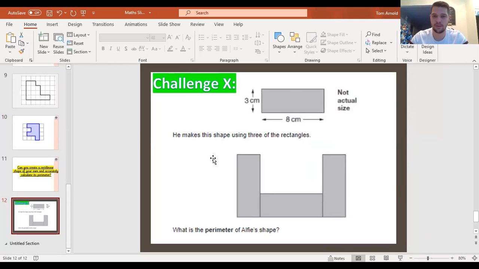So let's see who's feeling particularly brave and confident and see if you can use the information here of our length and our width to work out the perimeter. Think about the width of this. Think about how that can be applied there to help us find our perimeter. I will be explaining that very quickly in Monday's lesson.